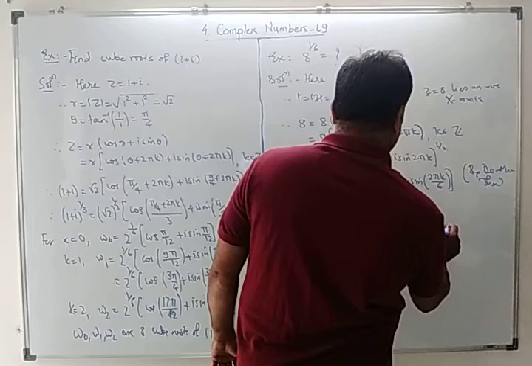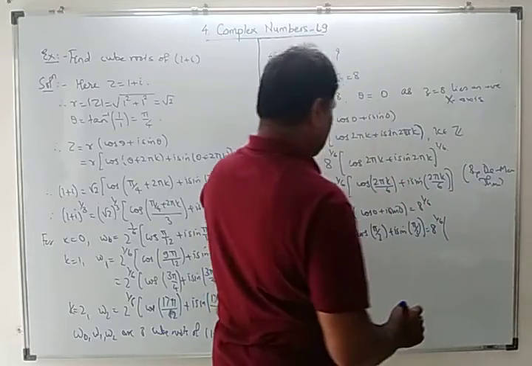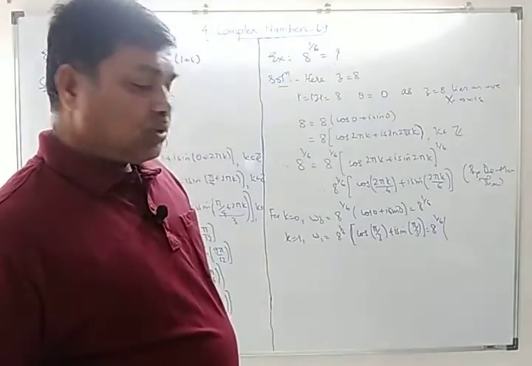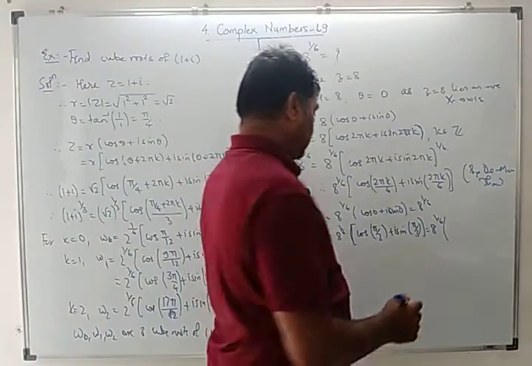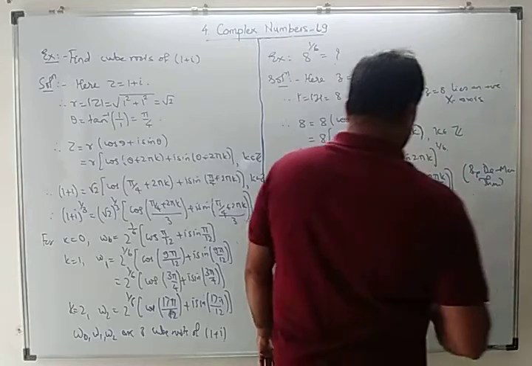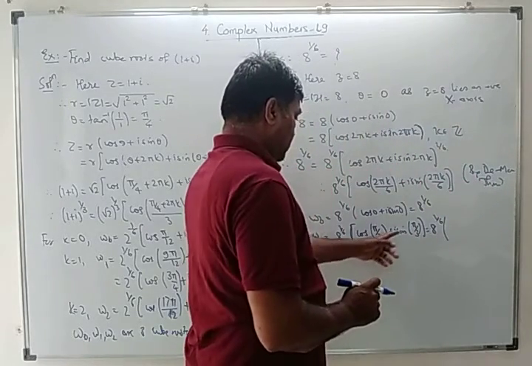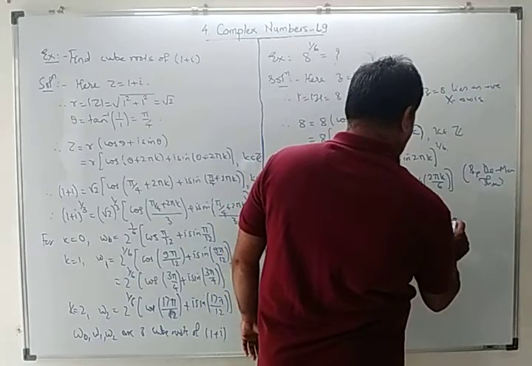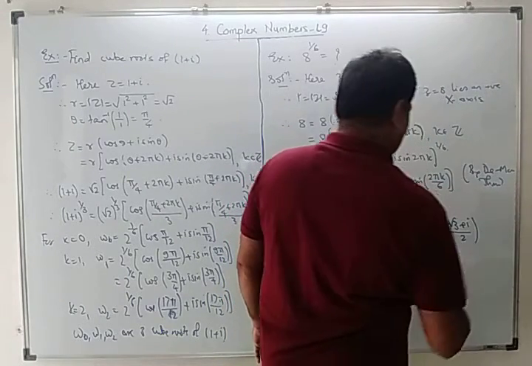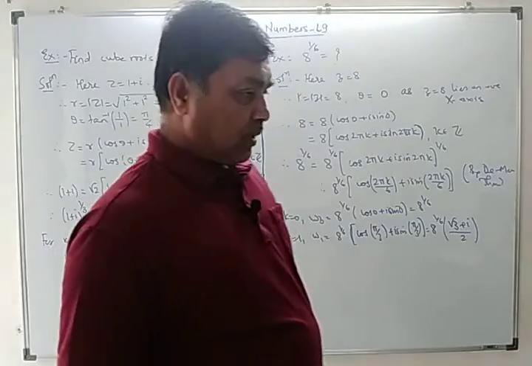What is cos of pi by 3? Cos 60 is nothing but 1 by 2, and sin 60 is root 3 by 2. So it is nothing but 1 plus i root 3 by 2.